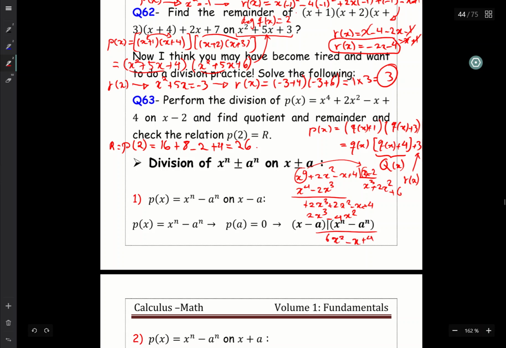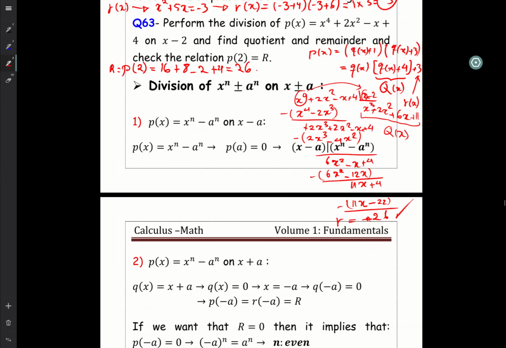We end up with plus 6x here, 6x squared minus 12x. We end up with 11x, right? Plus 4, and then here we put 11x minus 22. Remember, we're always subtracting. Just make sure we don't forget that. We end up with plus 26, right? So this is our remainder, and our quotient is x cubed plus 2x squared plus 6x plus 11.